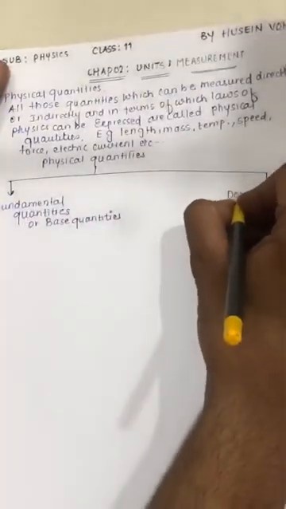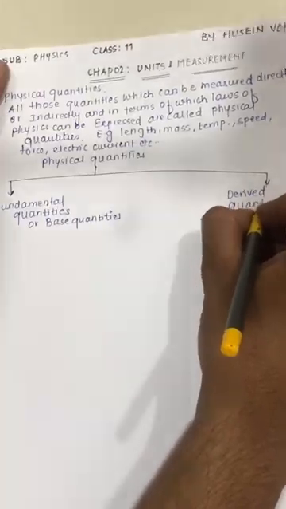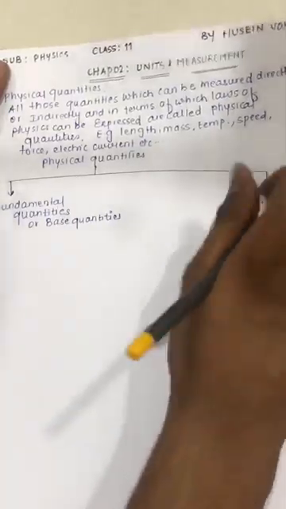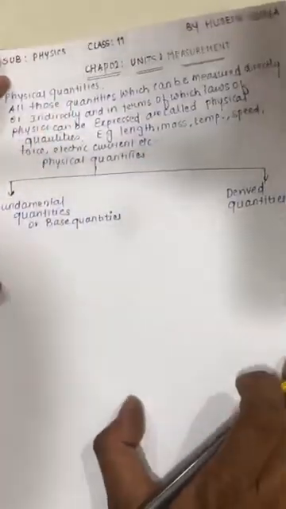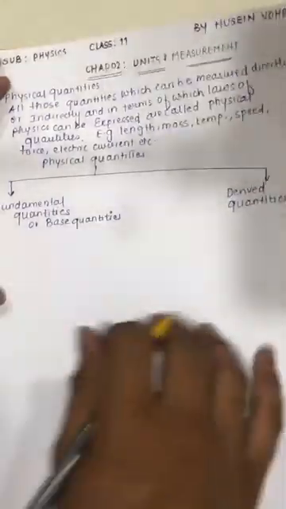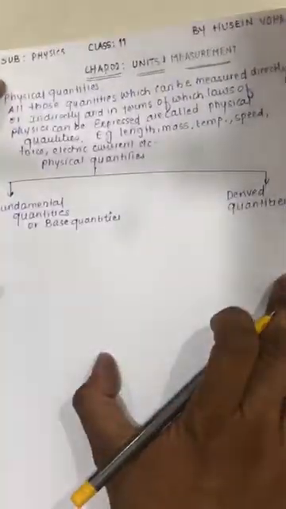These are the building blocks of physics, in terms of which basic laws of physics can be expressed into mathematical forms. And the second one is derived quantities. The name itself suggests. What do you mean by derived? That which is extracted from some other quantities is known as what? Derived quantities. The quantities that are extracted using fundamental quantities are known as derived quantities.